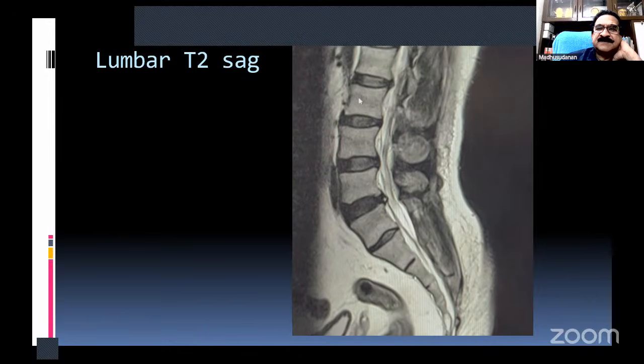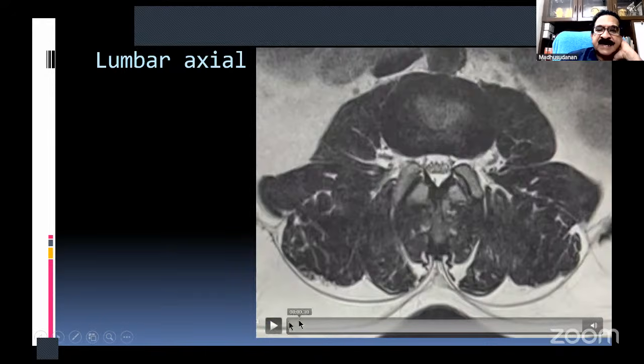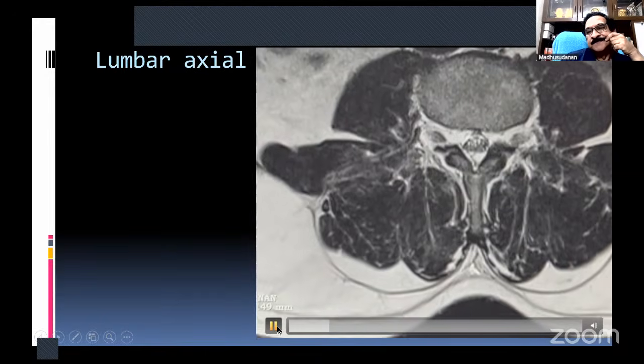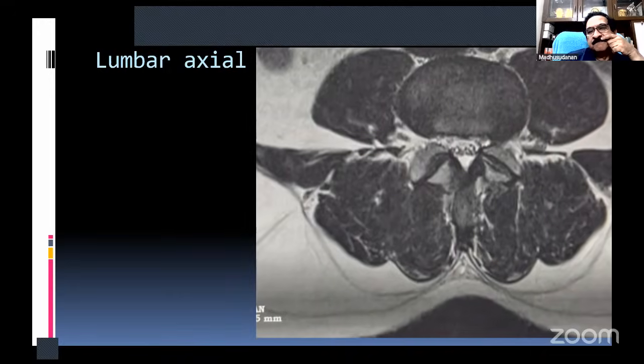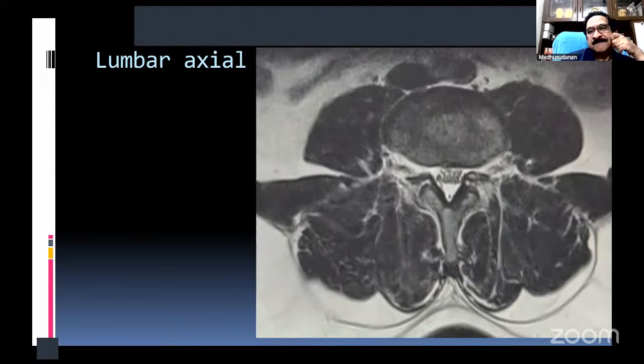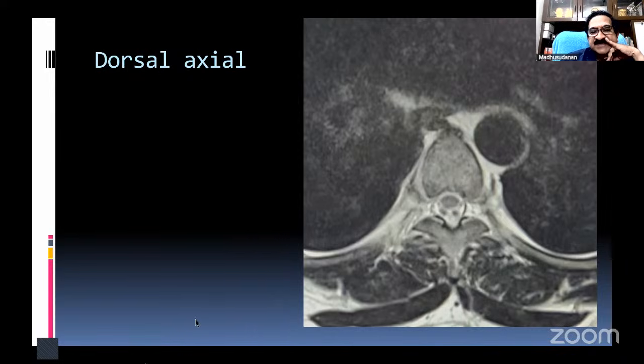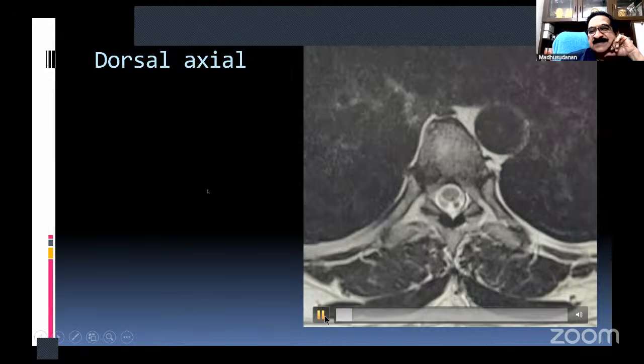There is a mild disc, but that obviously cannot explain it. And this is the lumbar axial. Normal. And the dorsal axial.